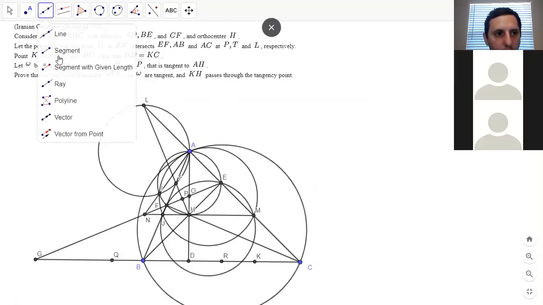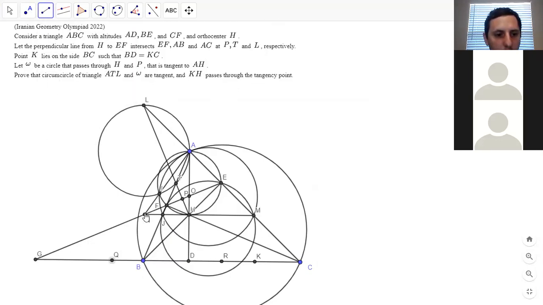Let's call that point R. Oh, we already have R. Okay, let's call it Q. So I can prove that Q is the midpoint of GD by using Menelaus, applying Menelaus to triangle GOD and the three points A and Q.